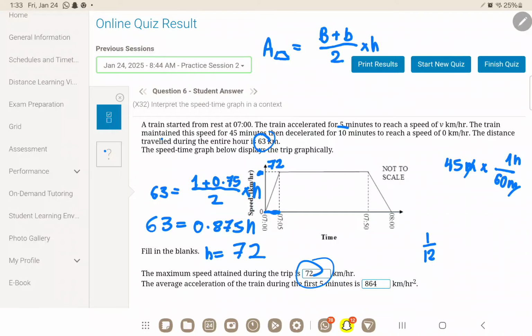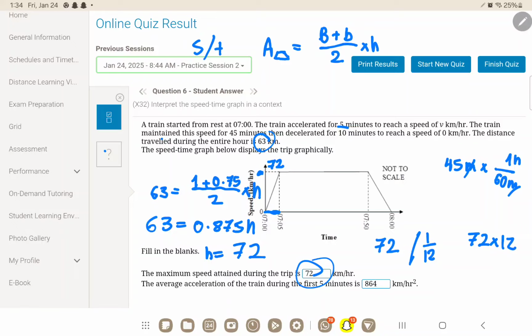Now, we know that acceleration equals speed over time. So speed is 72 kilometers per hour divided by time, which is 1 over 12 of an hour. So 72 times 12, in the end, you're going to get that when you divide them.